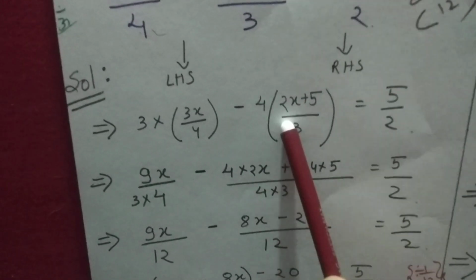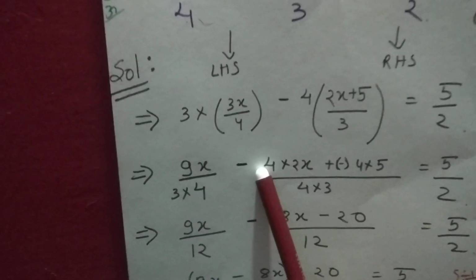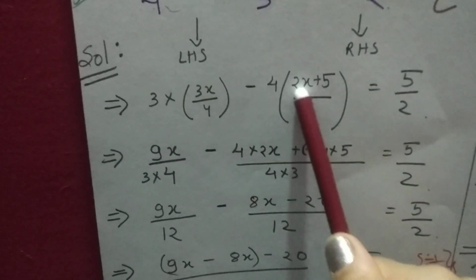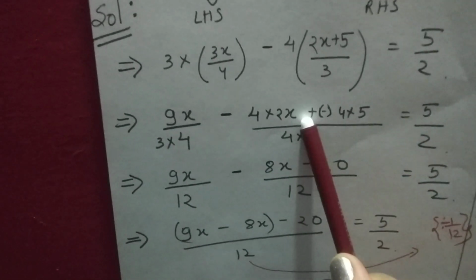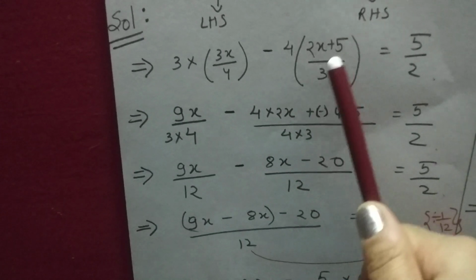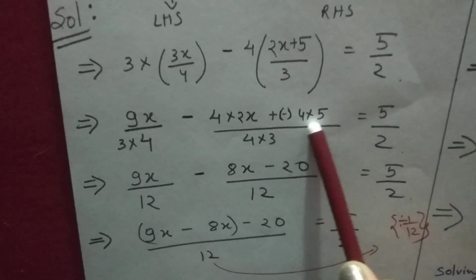So we have done the same thing. So 4 is multiplied here, and now we are opening this bracket here. So 4 into 2x and 4 into 5.